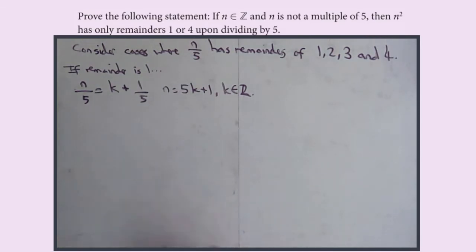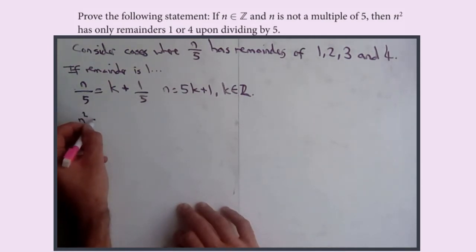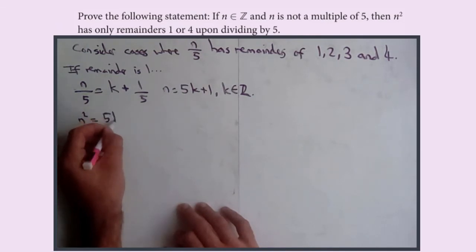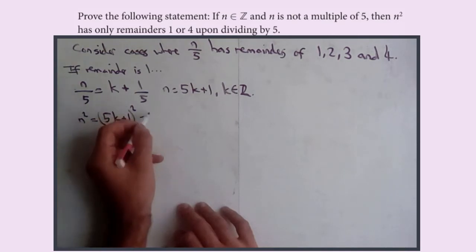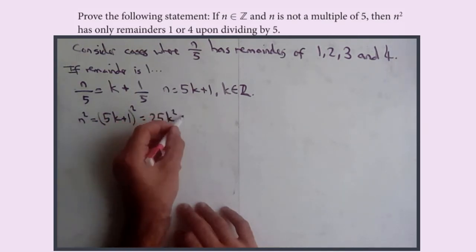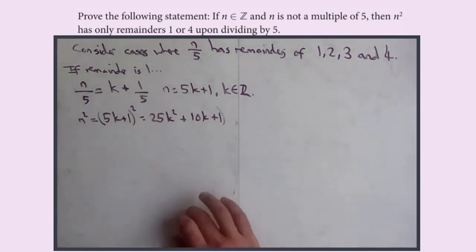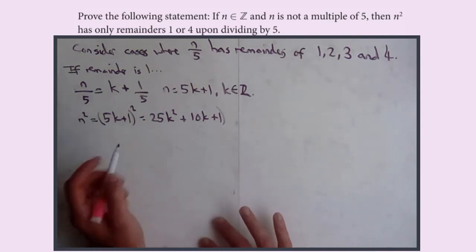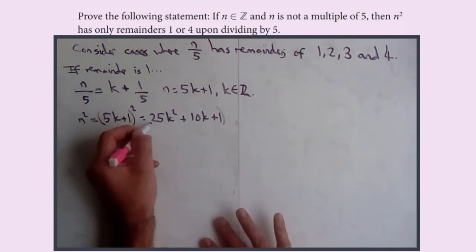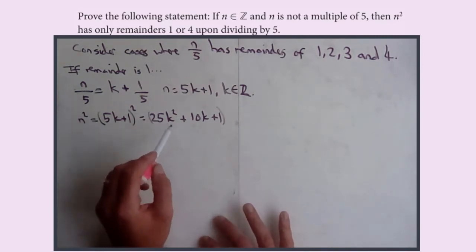Right, so if we now turn this into n squared, if n is 5k plus 1, n squared equals (5k plus 1) squared, which is 25k squared plus 10k plus 1. If we pull a 5 out of that, we're looking to show that this leaves a remainder of 1 or 4.